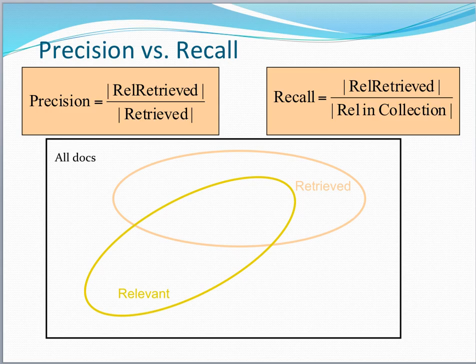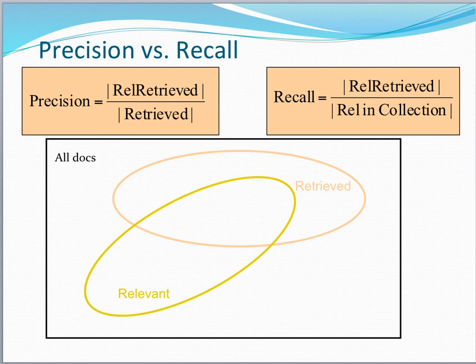Of course, what we are aiming at when we care about our users is precision. Okay, because we want to see the relevant documents within the retrieved group. Okay, so we have all three groups here. We have all documents, then the retrieved documents, and then the relevant documents.